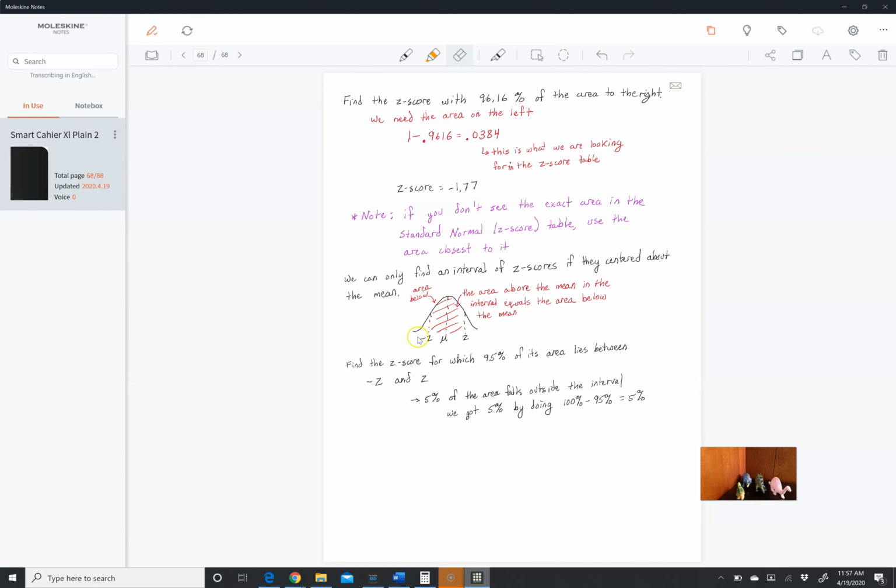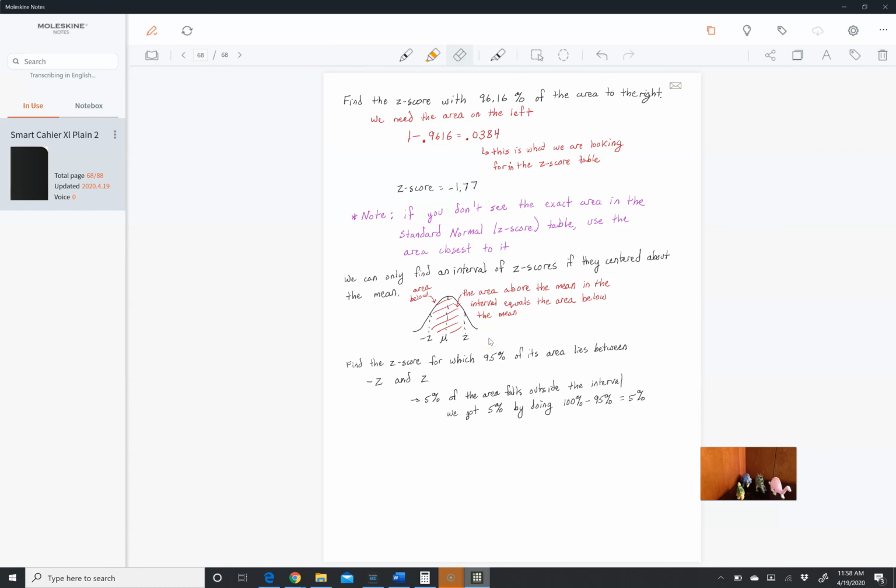Meaning half of the area is below, half of the area is above, okay? Because what we also know is that 5% is split evenly below negative z and above z, okay? Half of that 5% is below here. Half of that 5% is above here because it's symmetrical. So whatever is on the left is also going to be on the right, okay?